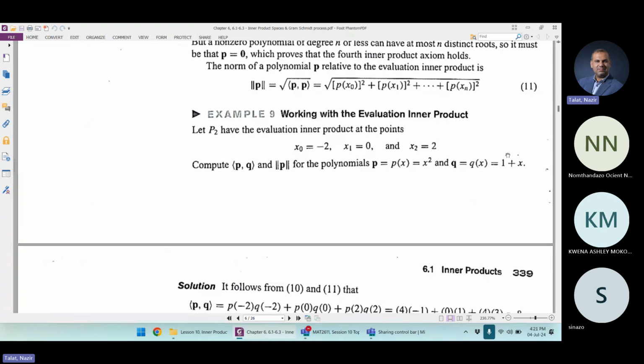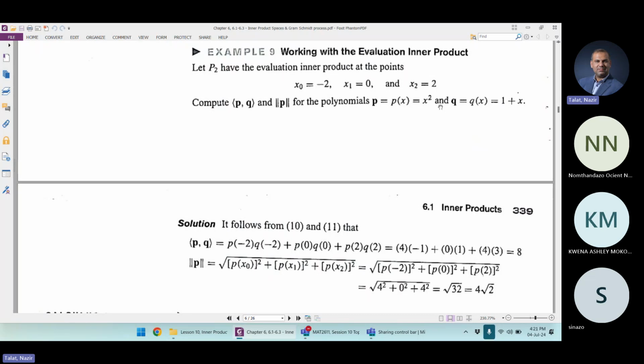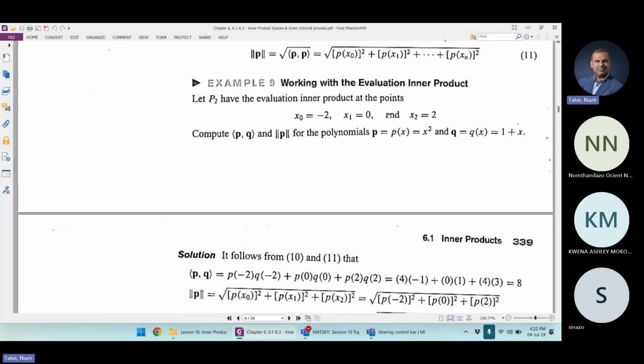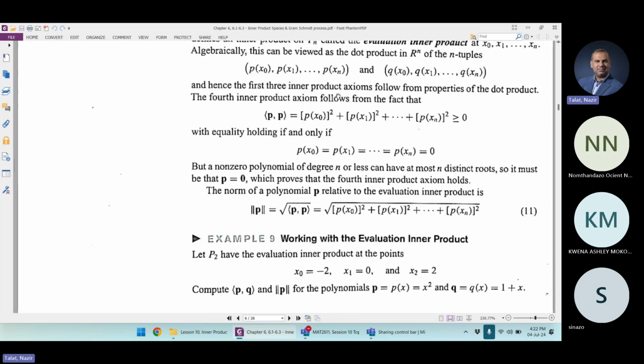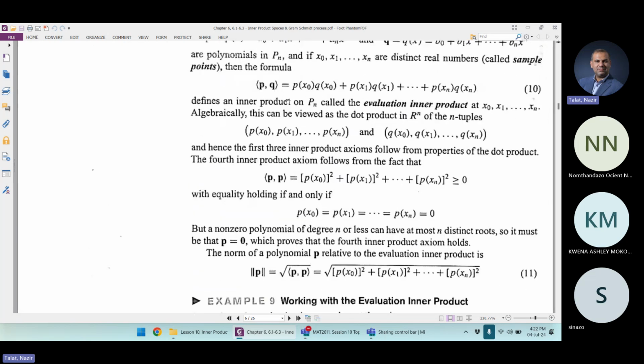So we know how to make the inner product. The inner product of p and q is equal to, first we need to plug in the values at minus 2, then we need to compute its value. We use this formula, where the inner product gives us the product of its values at the given points.